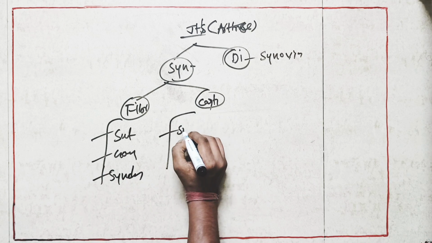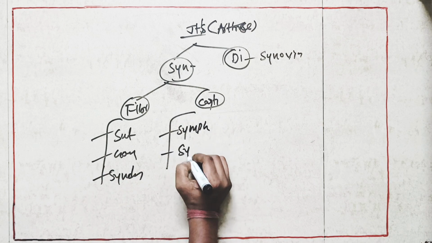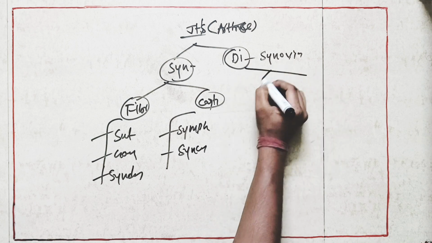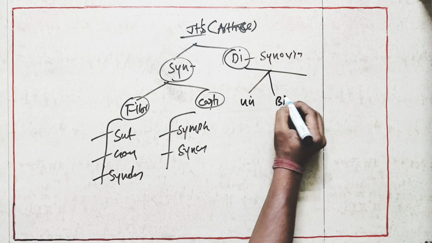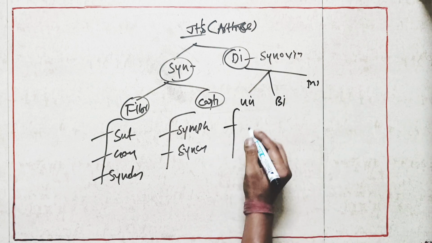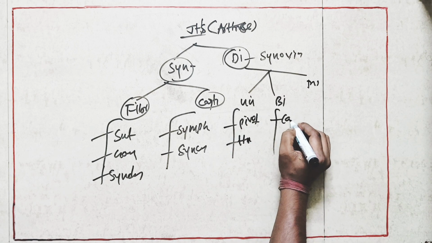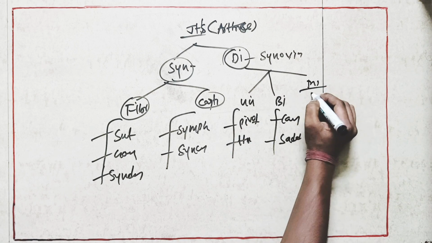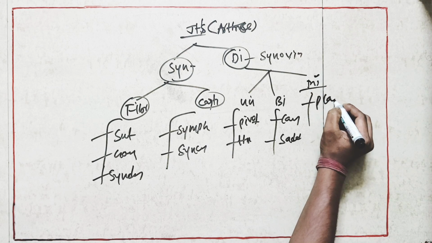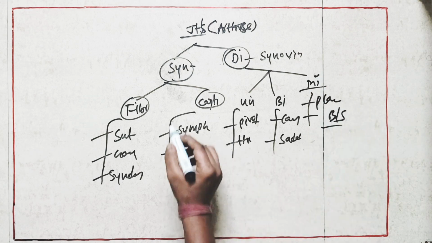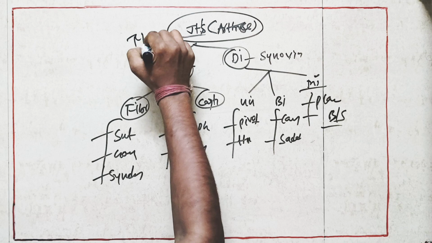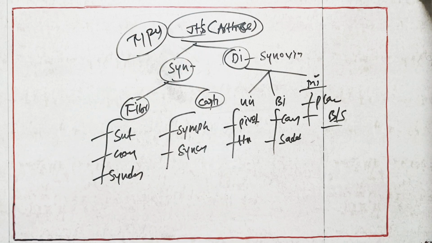Cartilaginous will be having symphysis and synchondroses. Here diarthrodial will be having uniaxial, biaxial, triaxial. Again in uniaxial we have types pivot, hinge joint. Biaxial will be having condyloid and saddle joints. Triaxial examples here will be having plane joints and ball and socket. So these are the types of the joints. These are the types of the joints in the human body. Clear?